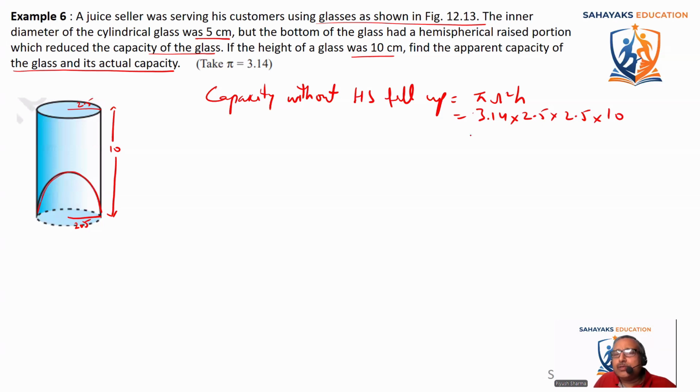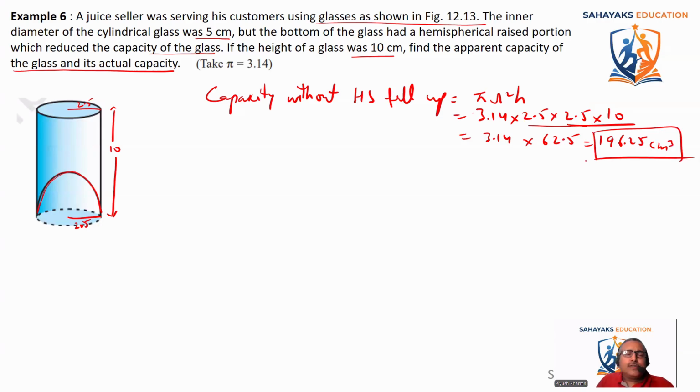So 2.5 into 2.5 is 6.25, and 6.25 into 10 is 62.5. So 62.5 multiplied by 3.14 comes out to be 196.25 centimeter cube. This is the apparent capacity of the glass.